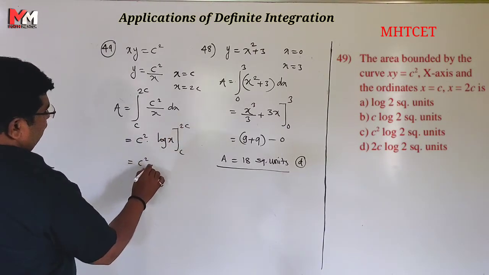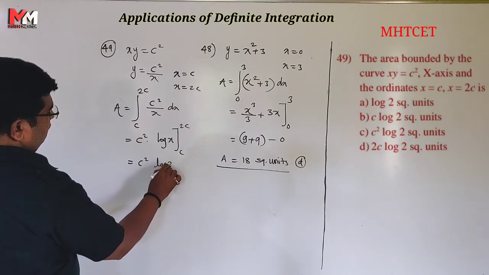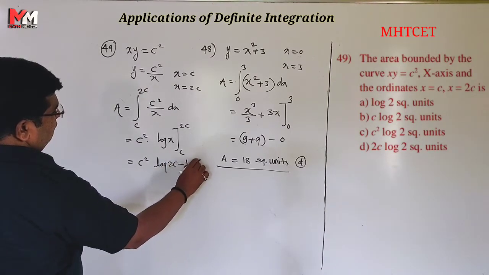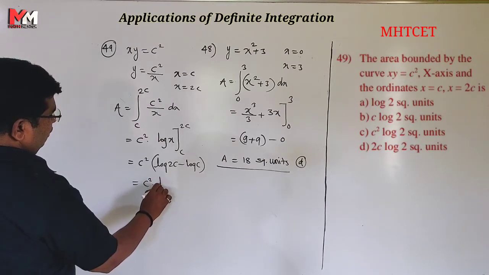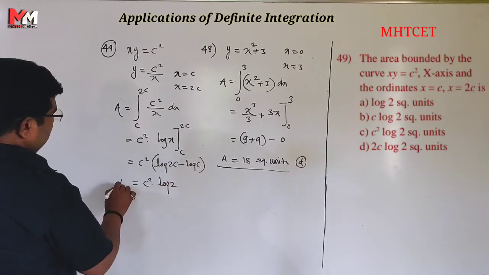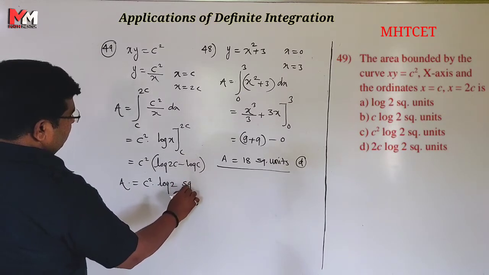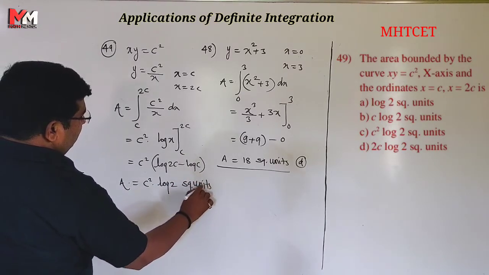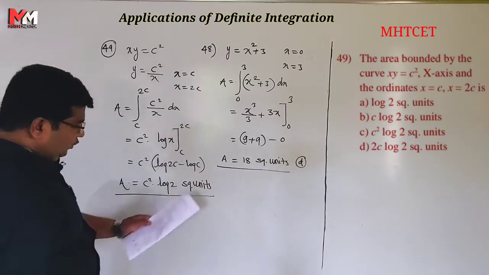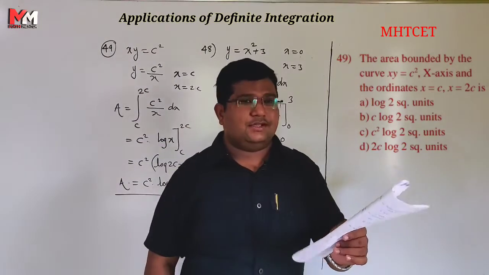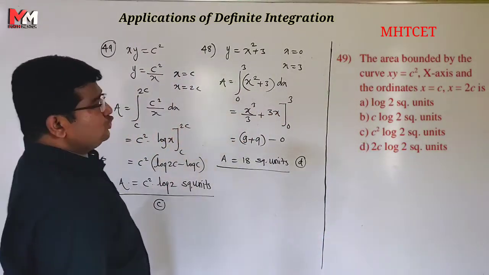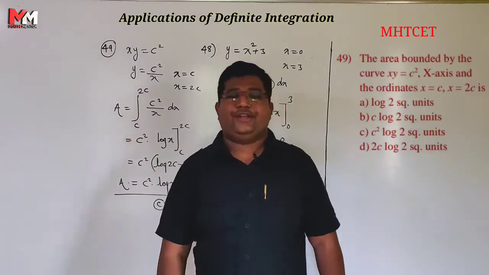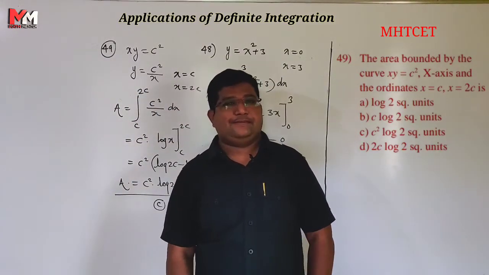So log 2c minus log c, which is log of 2c by c, which is log 2, as c cancels. So the required area A is c square into log 2. The answer of 49 is C. This is the solution of 48 and 49, very simple.